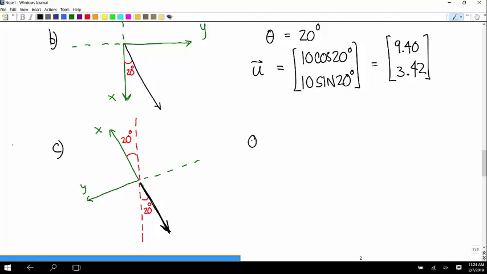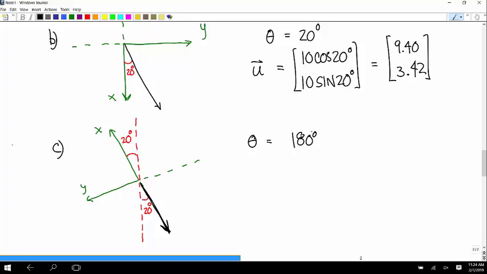So what's theta for this coordinate system? So you start at the x-axis, 90, 180. It's exactly opposite the x-axis. So from 20, you had to add an additional 160.